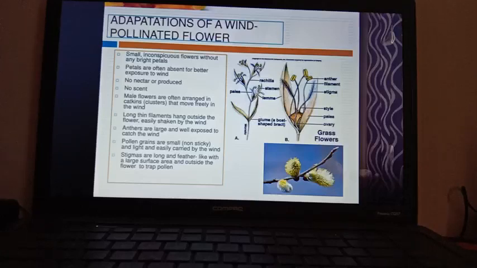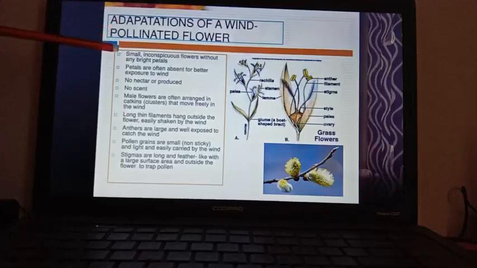They may not contain nectar or scent, because these characteristics are mainly required to attract insects and birds. Because they are living creatures, they only get attracted to flowers by scent, colors, nectar and so on. So these things are not required in wind pollinated flowers.